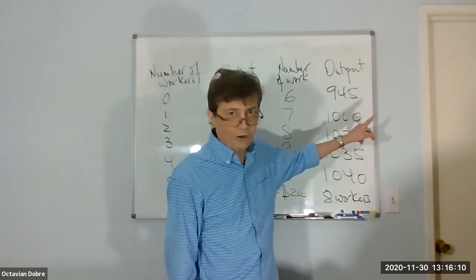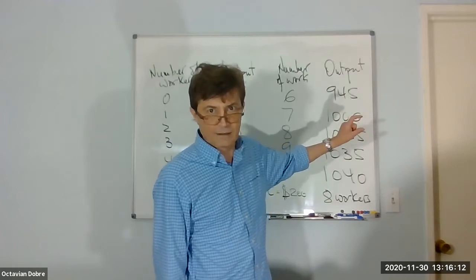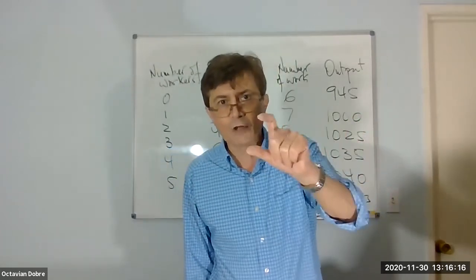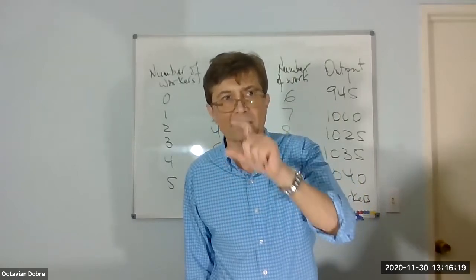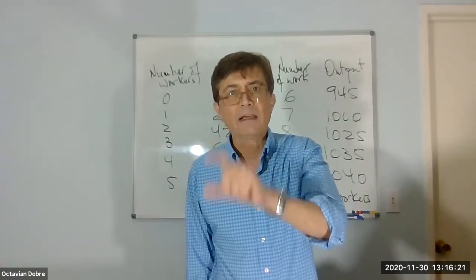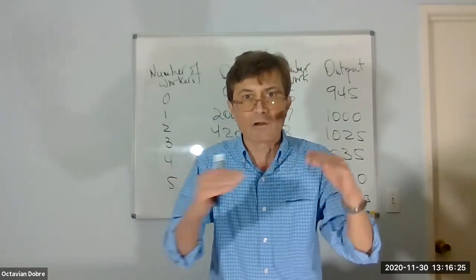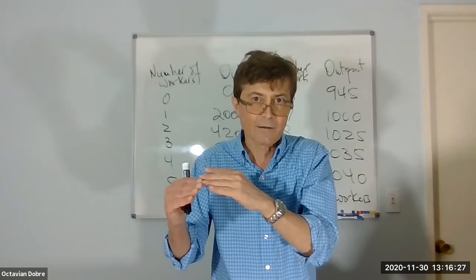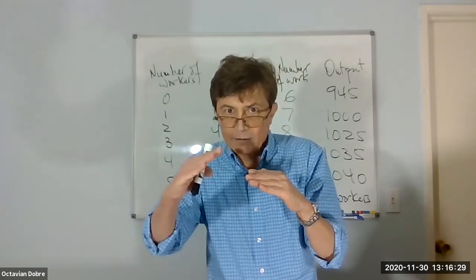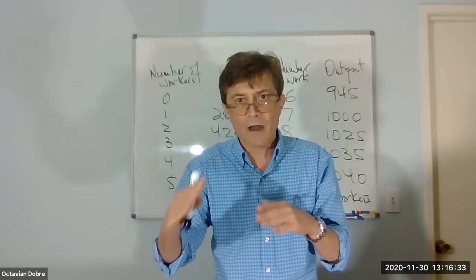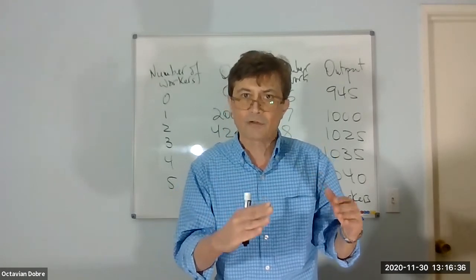So the 8th worker contributes 25 units. And the value of those 25 units in terms of dollars should be equal to 200 because MRP equals MFC on the last worker. The contribution to the revenue should be equal to the contribution to the cost.